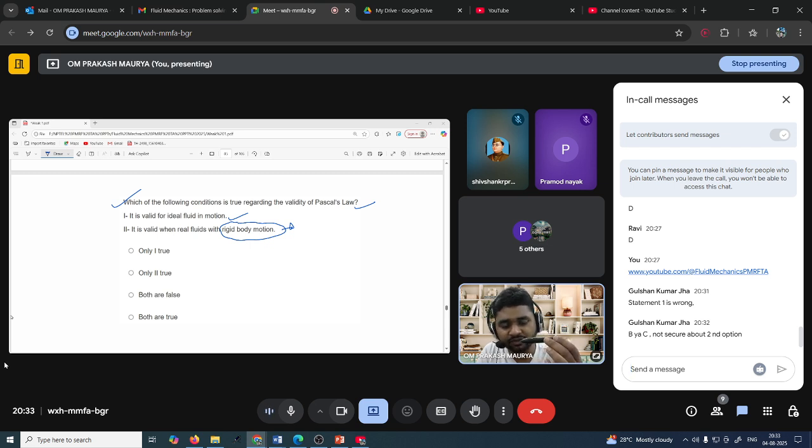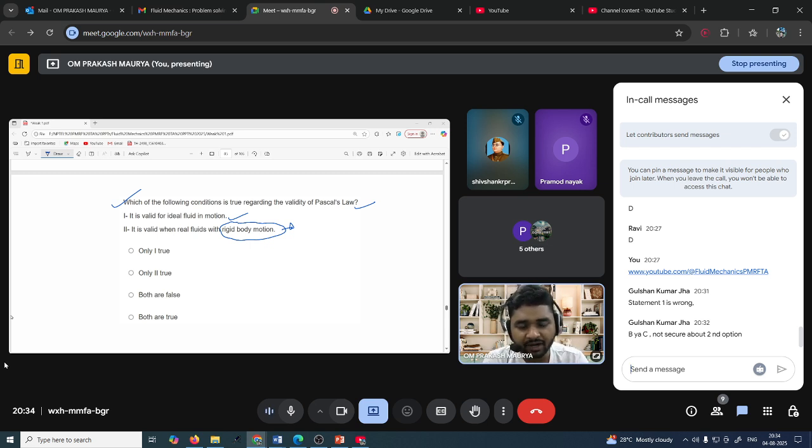Once a car is moving, the car has millions of particles, so once the car is moving, all millions of particles are moving with the same velocity. So that is the rigid body condition. Once you apply this condition in a fluid, the rigid body motion condition means all fluid particles have the same velocity.